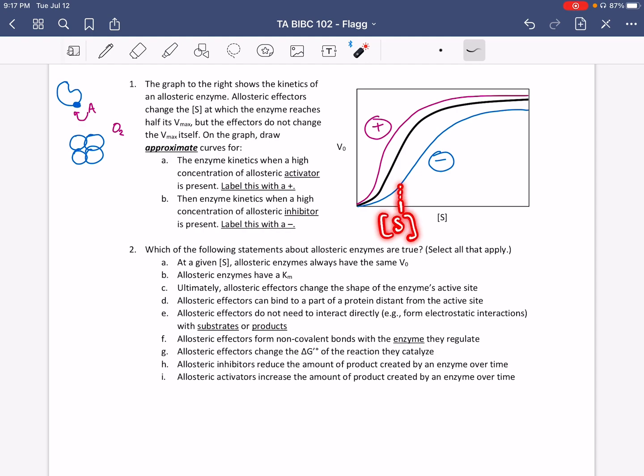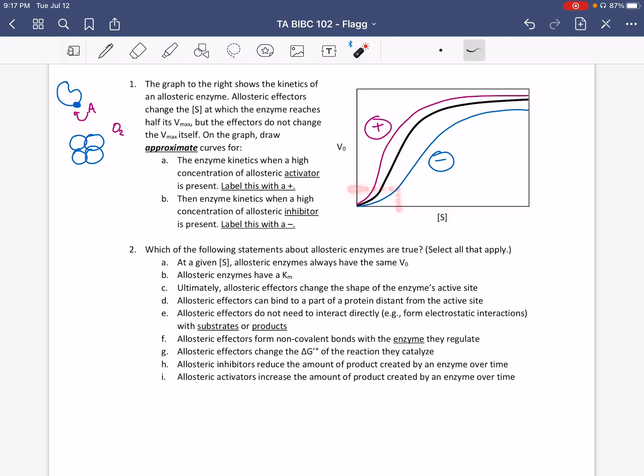If we go up, we see that the enzyme without any effectors around will have its half of Vmax somewhere here, whereas the enzyme that has an activator present will have its half of Vmax somewhere here, or its rate at which the enzyme is catalyzing the reaction, whereas the one that has an inhibitor is going to be over here.